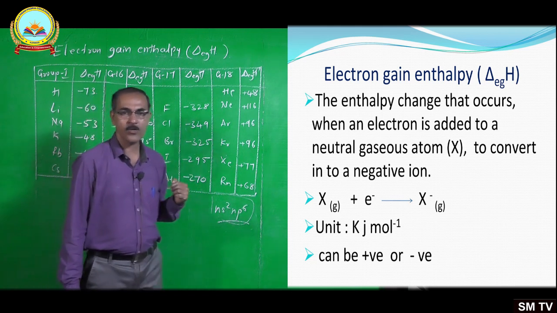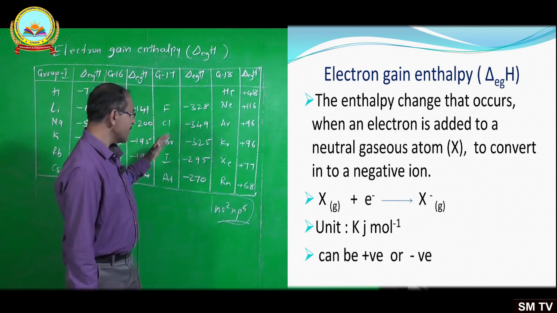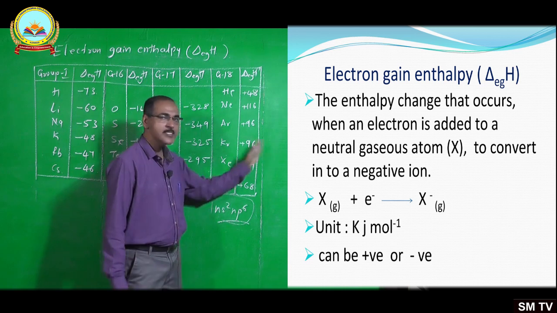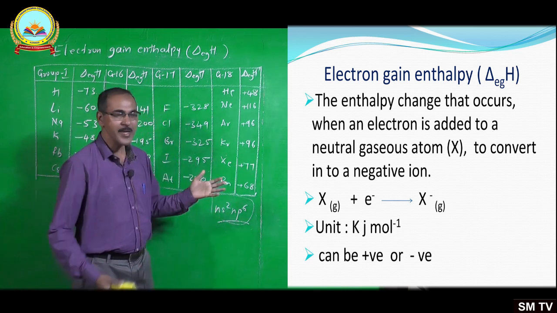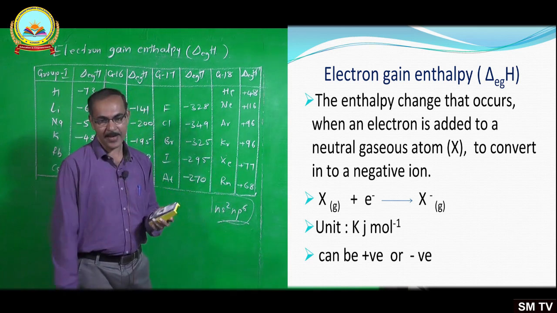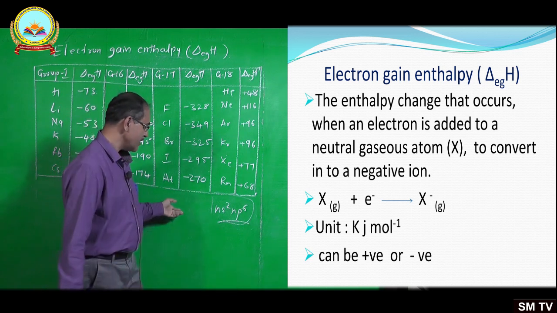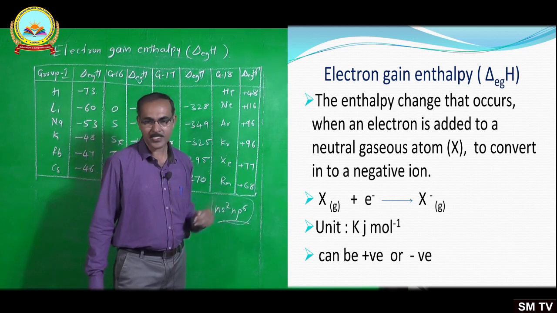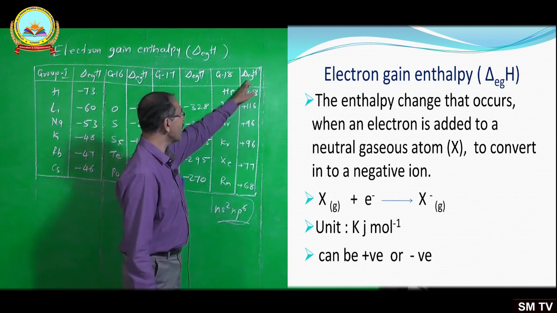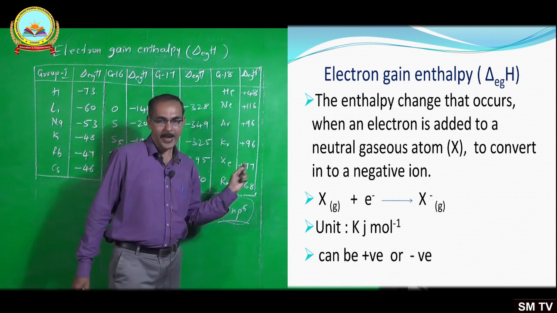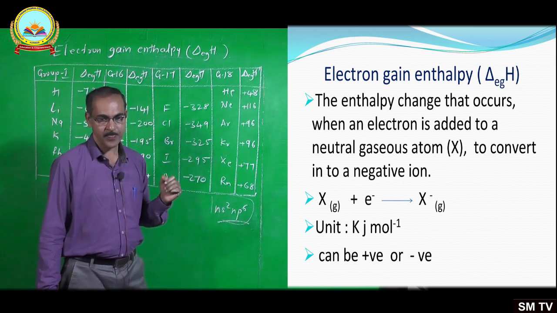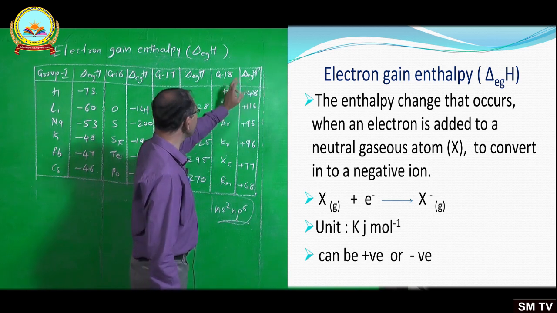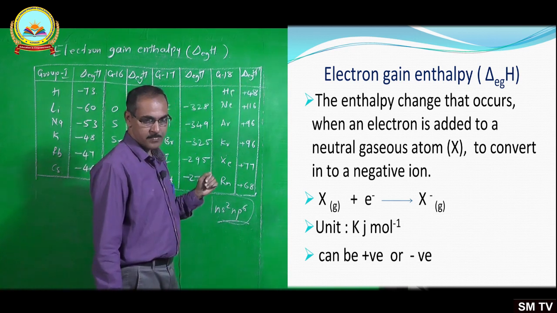If they gain an electron, it leads to the formation of an unstable electronic configuration. That's the reason they are never ready to take the electron. They don't want to be unstable. That's the reason group 18 elements have positive electron gain enthalpy.